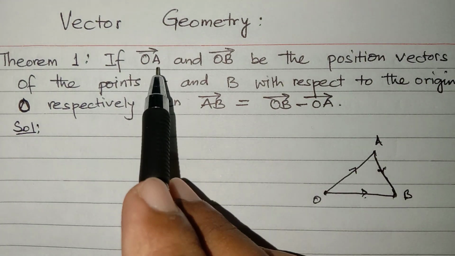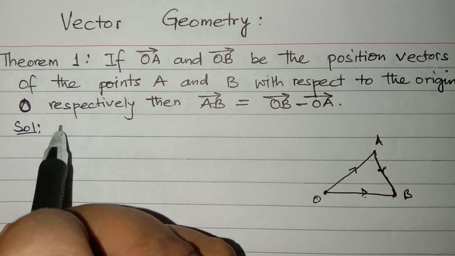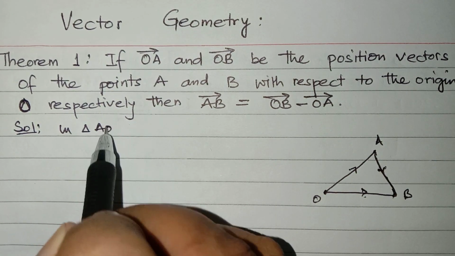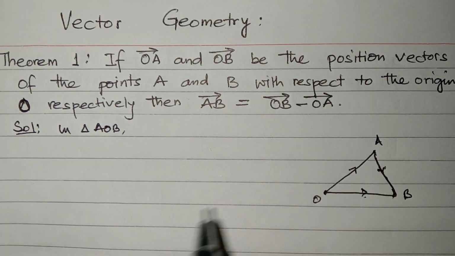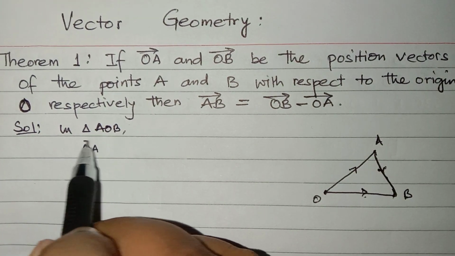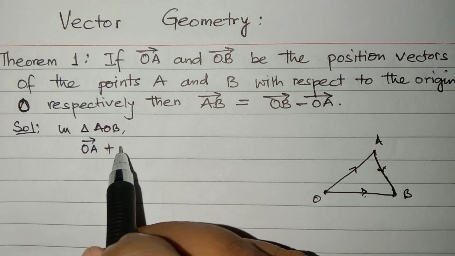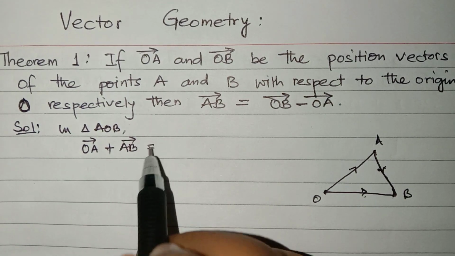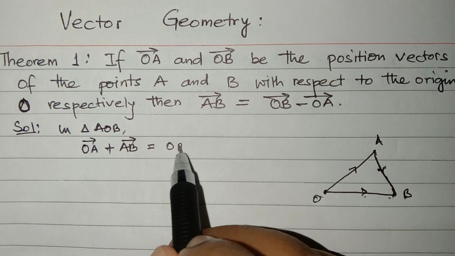Given that, we can see the triangle AOB. In this triangle AOB, we can say that vector OA plus vector AB is equal to vector OB.